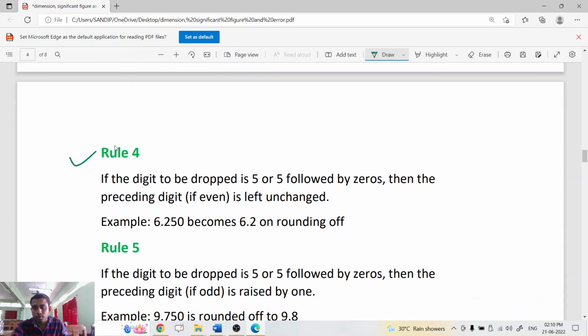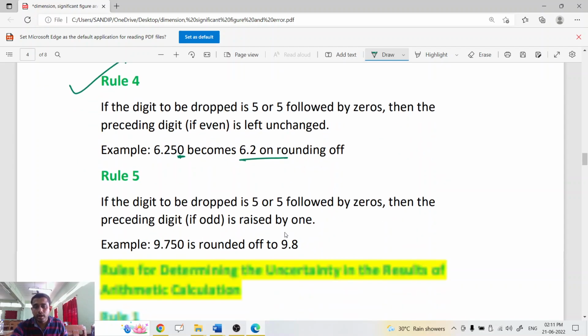Rule number 4: if the digit to be dropped is 5 followed by 0, then the preceding digit is left unchanged. Here you can see 6.250, 5 followed by 0 on the right side, so nothing is added to 2. The 2 is left unchanged, that's why 6.2 is the correct rounding.